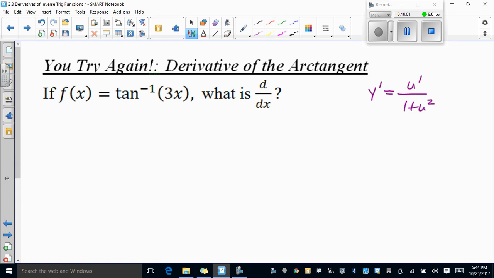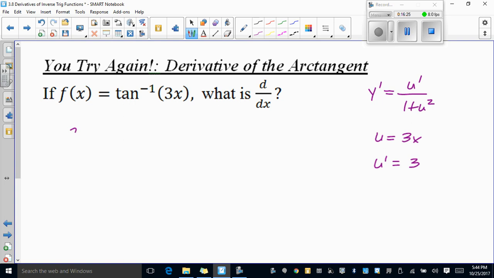So how did you do? You should have gotten u equaling 3x, so u prime is only 3. So y prime, well in this case we'll do f prime of x, is equal to 3 over 1 plus (3x) squared.